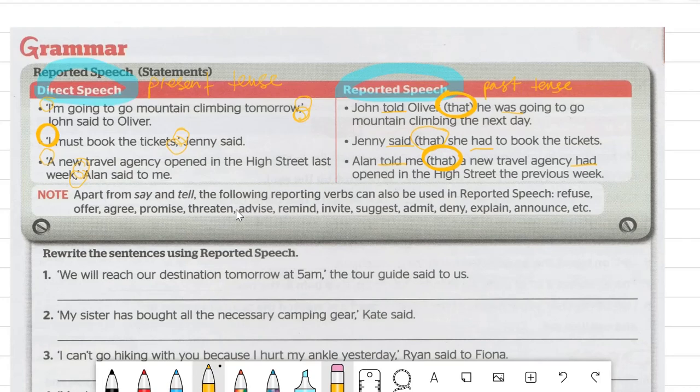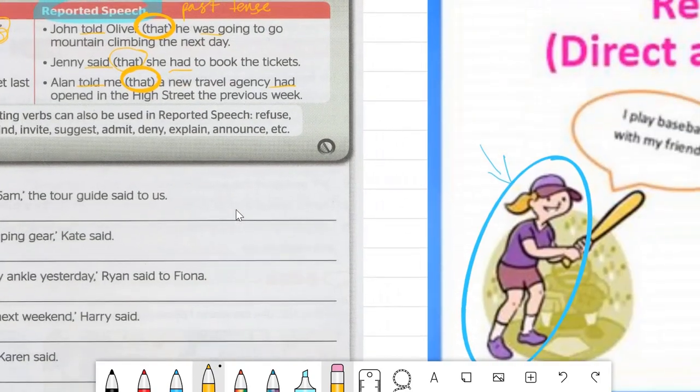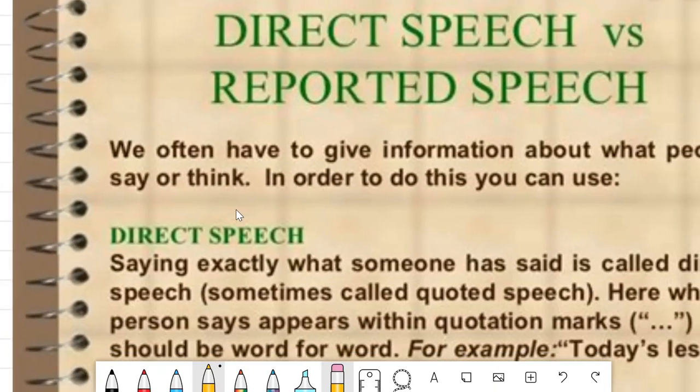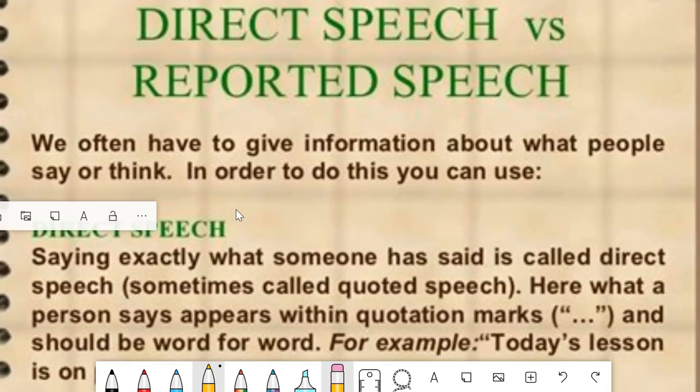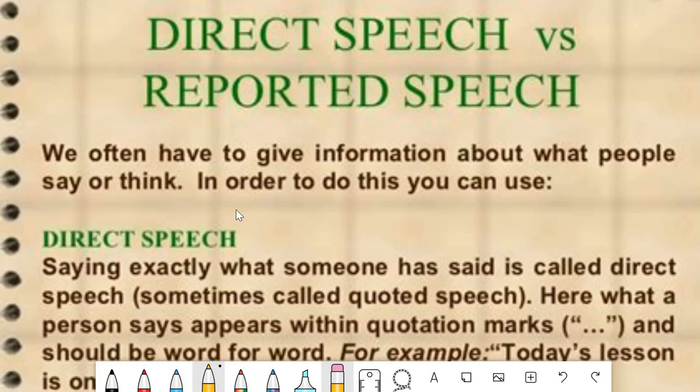So when do we need to use direct speech and when do we need to use reported speech? Let's look at this note here. Direct speech versus reported speech. We often have to give information about what people say or think. In order to do this, you can use direct speech.